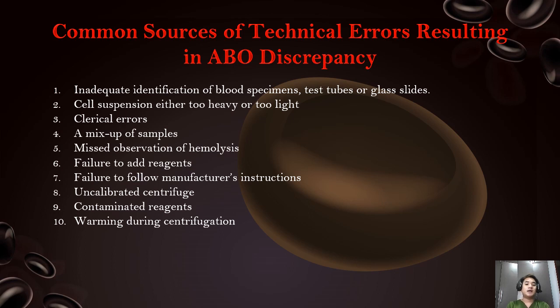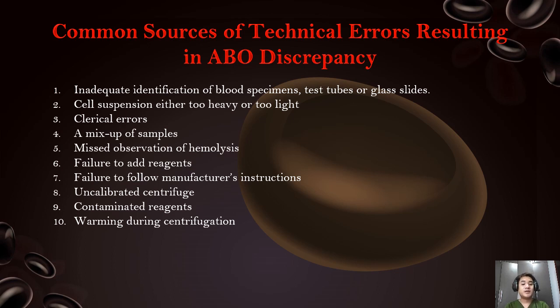And above all, the first step to resolve the presence of an ABO discrepancy, most particularly if an error in specimen collection and identification is suspected, and in anticipation that it may be a result of any possible technical errors, is to request a new sample and repeat the entire procedure.